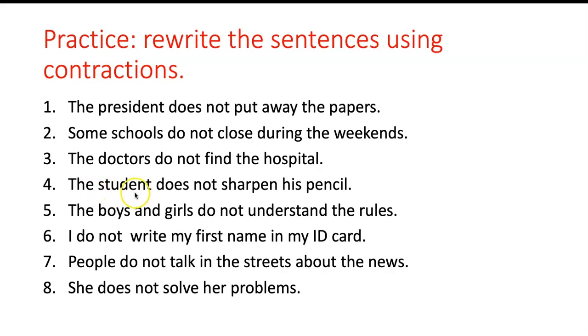The student does not sharpen his pencil. The boys and girls do not understand the rules. I do not write my first name in my ID card. People do not talk in the streets about the news. She does not solve her problems.